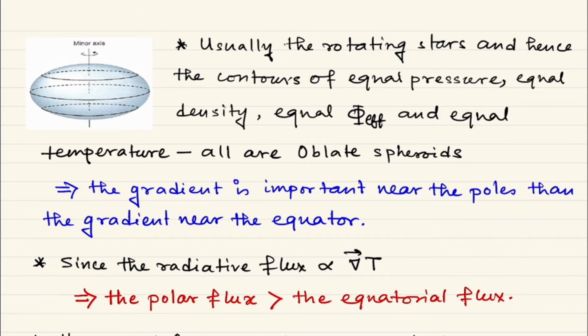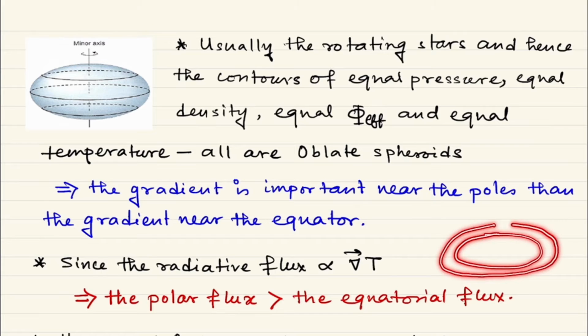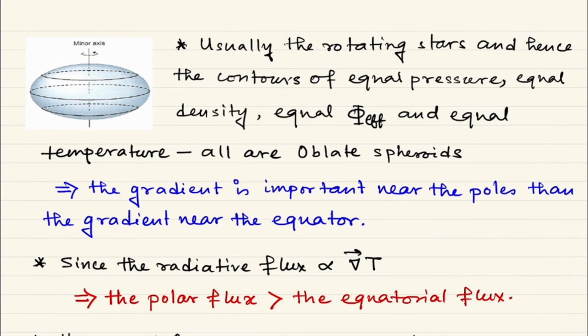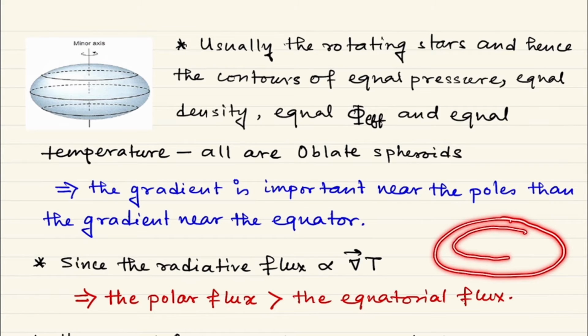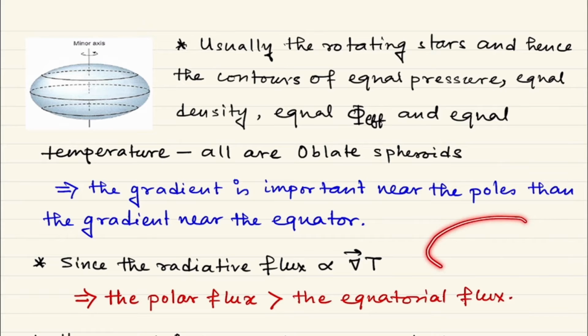But here, you have an oblate shape like this, and another like this, so the distance here is greater than the distance over here, and these are isothermal contours. Let me draw it properly.